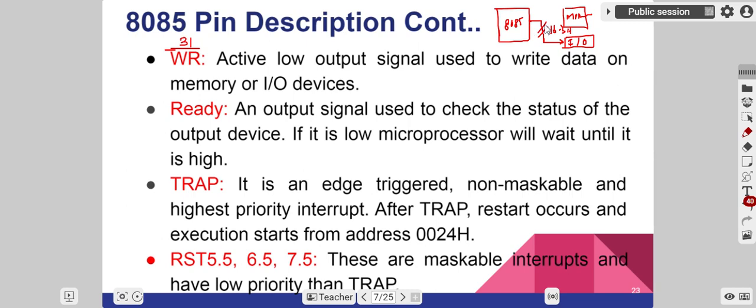Whenever we provide a specified address to the microprocessor 8085, it will move over to that particular location, and suppose at that location we have connected an input output device. The data from the microprocessor CPU will be copied onto this input output device.